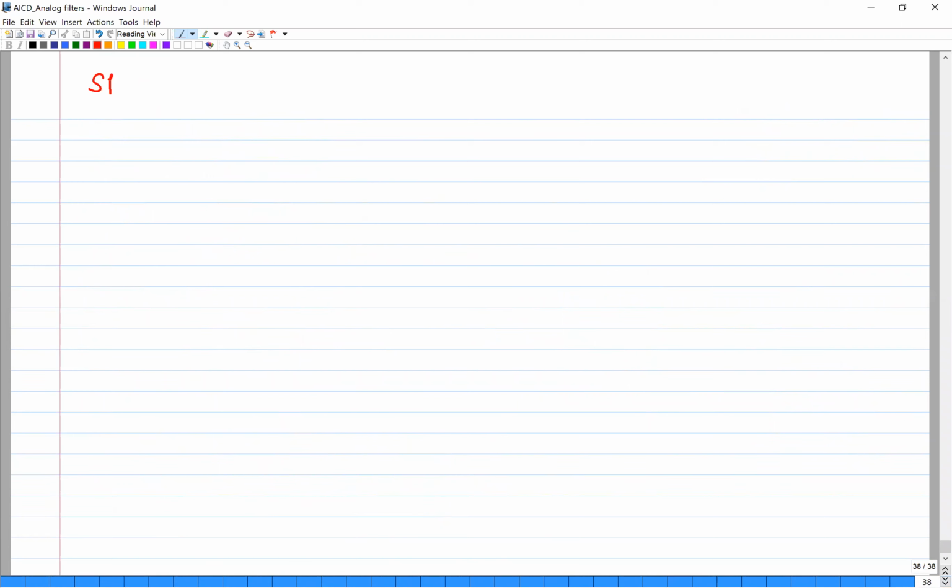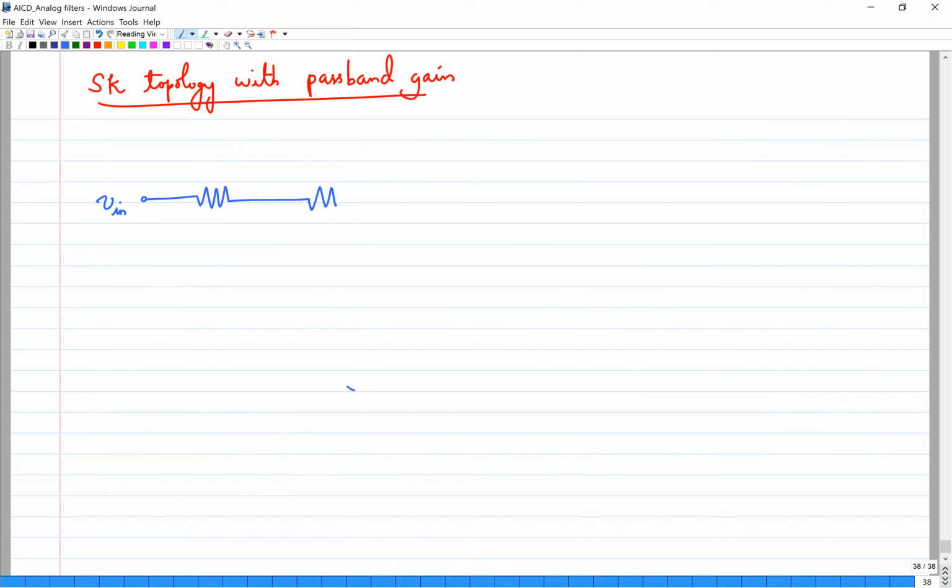So how does this SK Sallen-Key topology, SK topology with passband gain, work? In order to get this passband gain, the topology remains the same, and use R1, R2, the node Y. Here I have the capacitor.